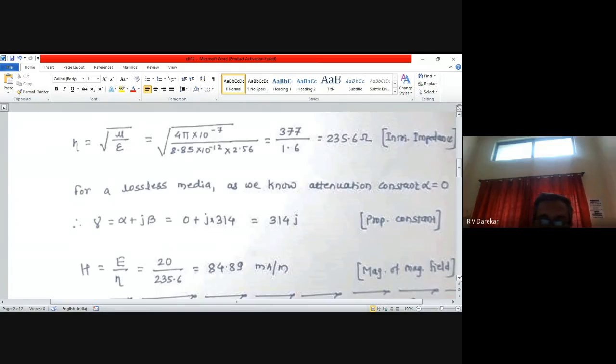Considering the same equation, eta is equal to E upon H. H will be equal to E upon eta. Substituting the value, we can observe that value of H is 84.89 milliampere per meter.